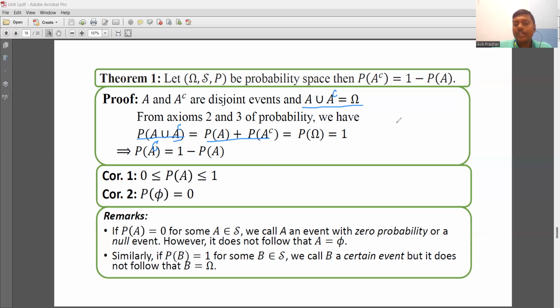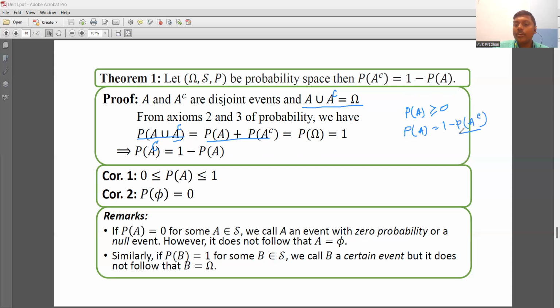From here we can conclude that the probability of any event will lie between 0 and 1. From the first axiom, we have probability of any event is greater than or equal to 0. Now from this we can see that probability of A will be equal to 1 minus probability of A complement.